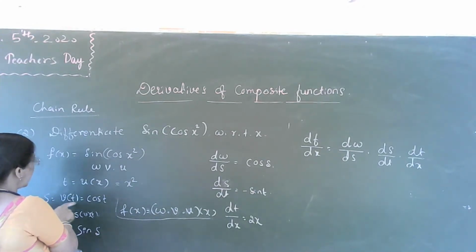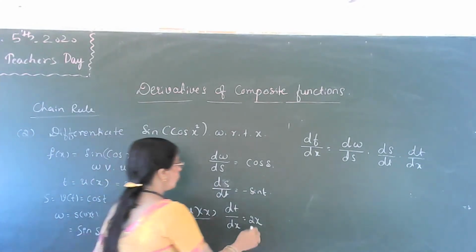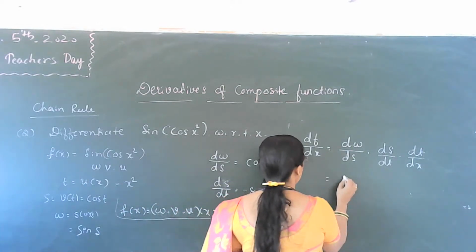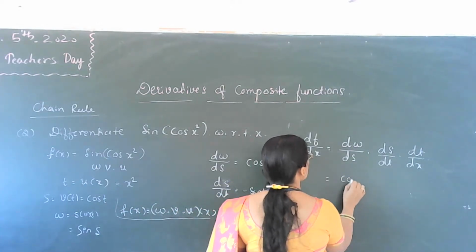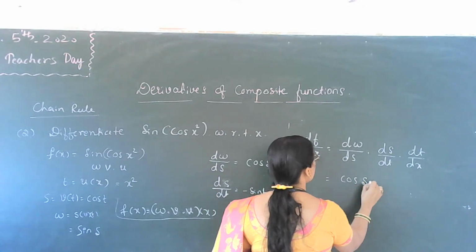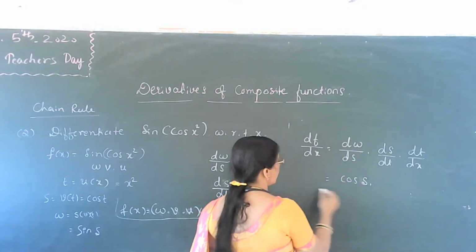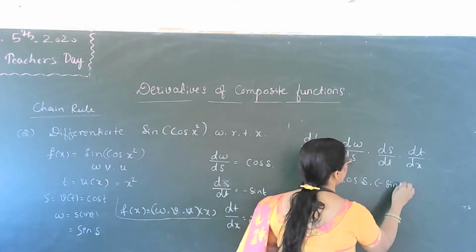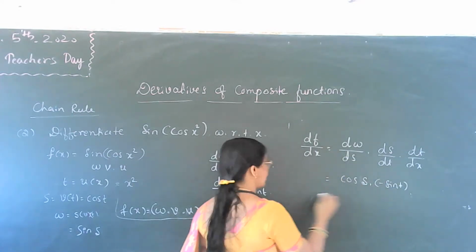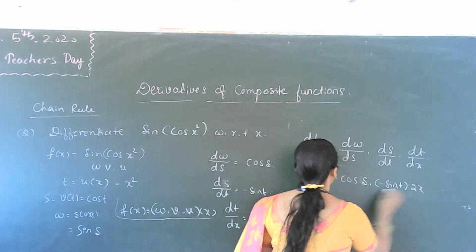Here ds by dt, v of t, is equal to minus sin t. Therefore, dw by dx is equal to cos s into ds by dt, which is minus sin t, and dt by dx is equal to 2x.